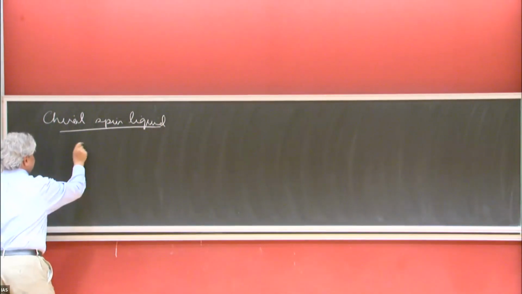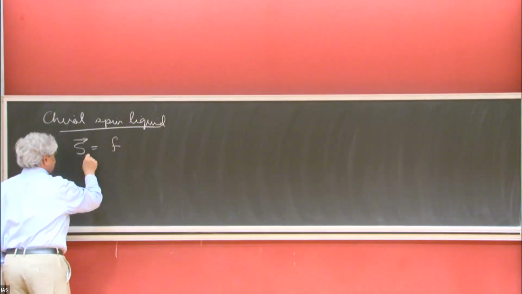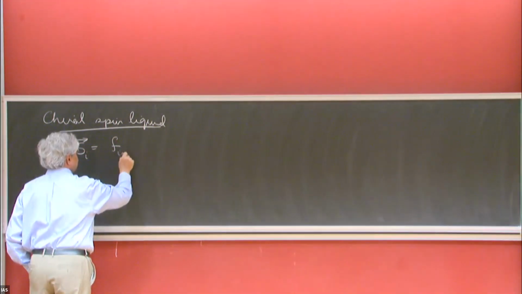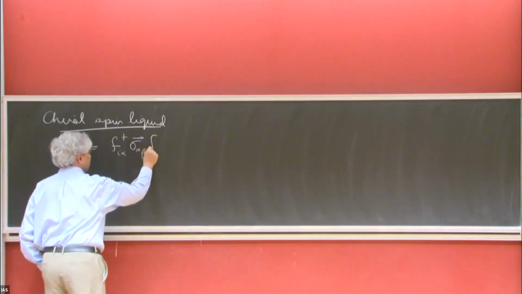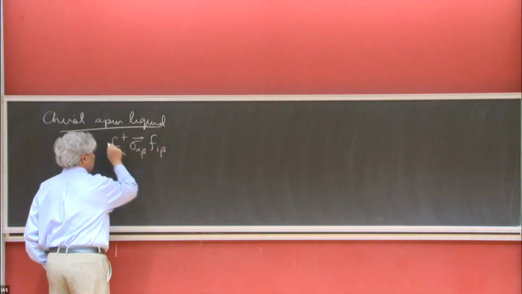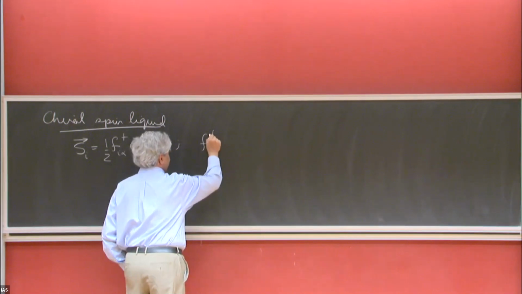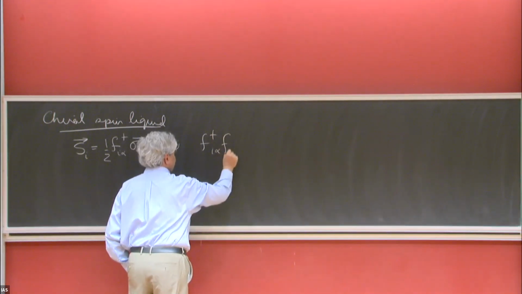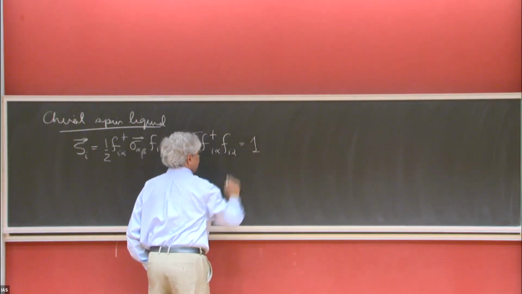So here, the basic starting point is on each site I introduce fermions rather than bosons, along with the constraint that F dagger_i alpha F_i alpha on every site is equal to 1.